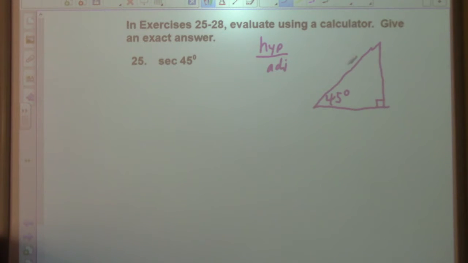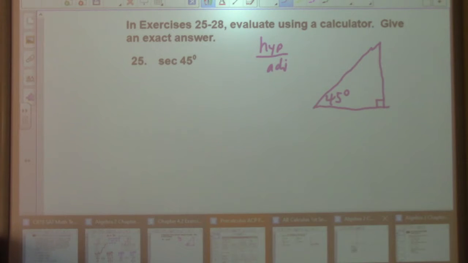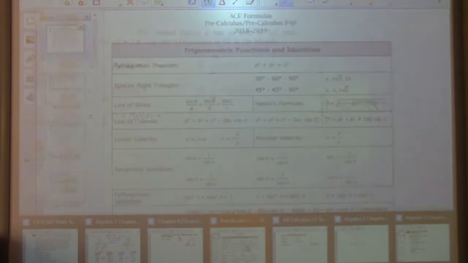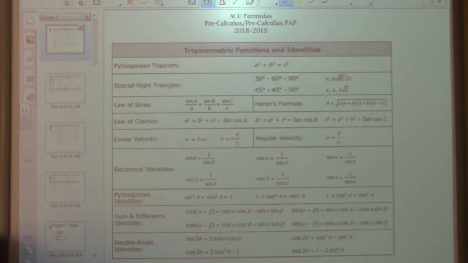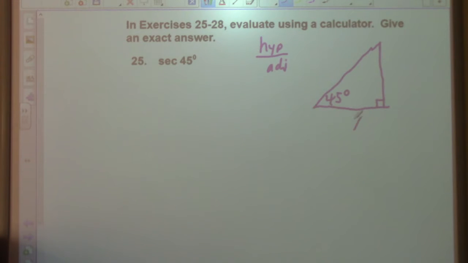So the hypotenuse is going to be what for this one? I want to look at the ACT Formula Chart. Here's the formula chart. What do we have for 45, 45, 90? We have x, x, and x square root of 2. So the hypotenuse is x square root of 2.